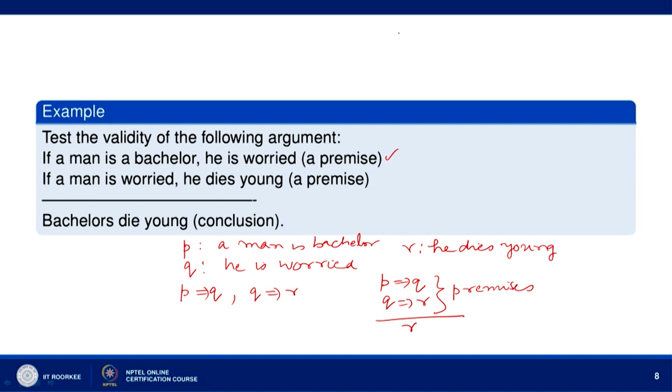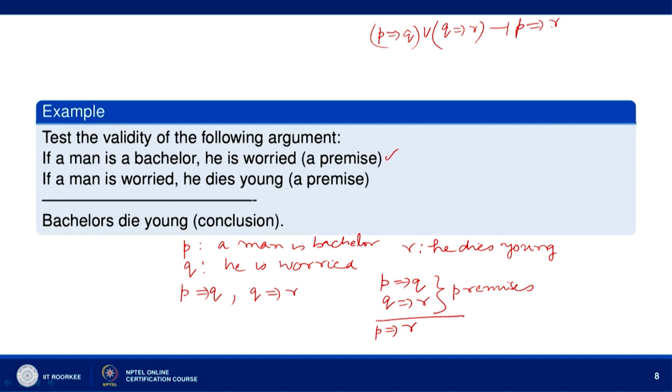So, we can show that the conclusion is P implies R, that is bachelors die young. So, we have P implies Q and Q implies R. The conclusion is P implies R.